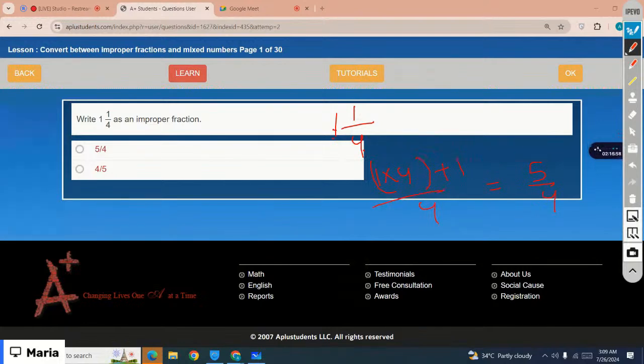The correct option is 5 over 4. Let's move on to the next one.